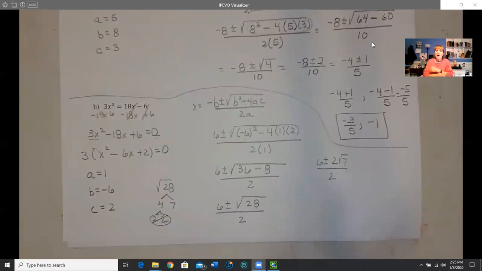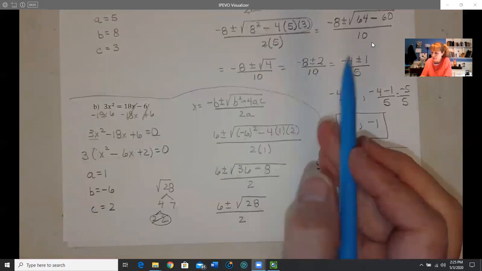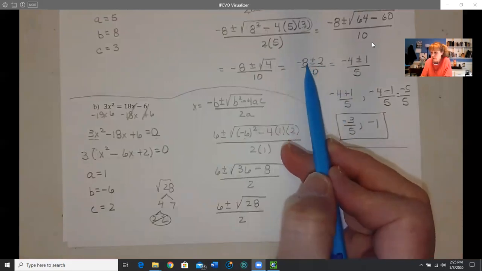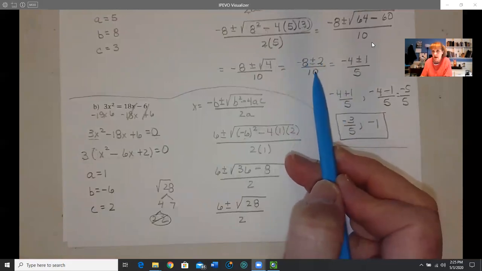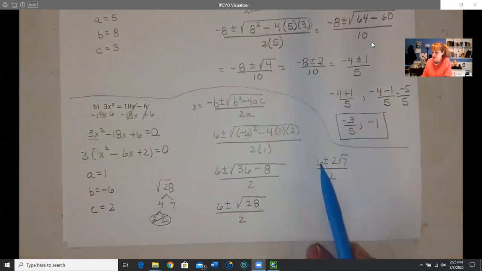Now we're going to do the same thing that we did up here. I had a number that went into 8, 2, and 10. I also have a number that goes into 6, 2, and 2. Notice that all of these are out of the radical.